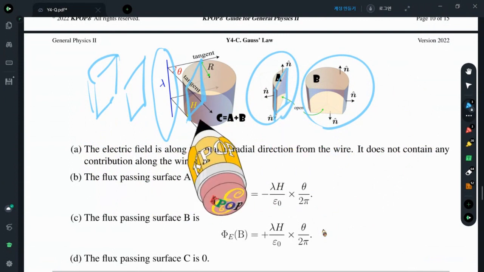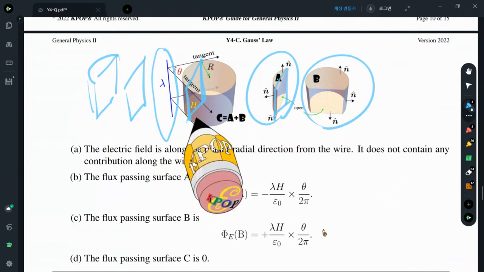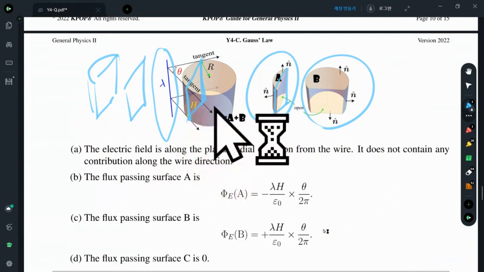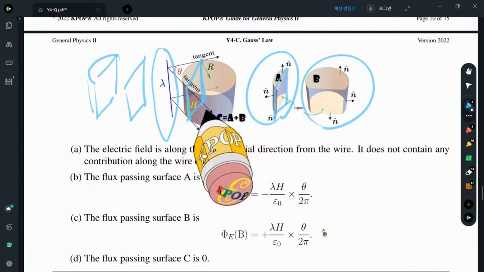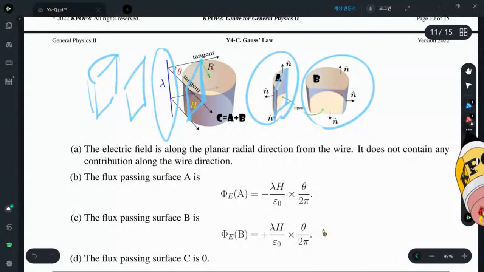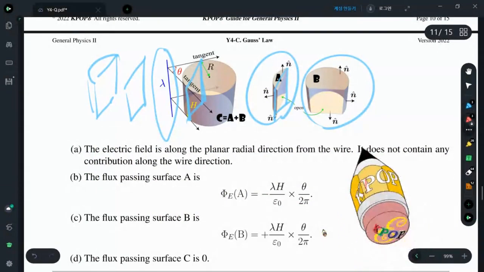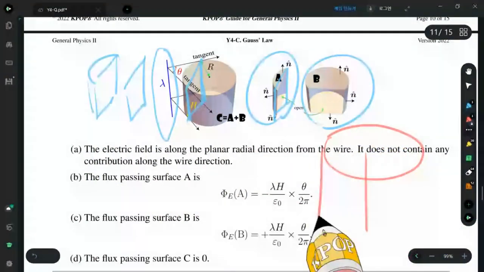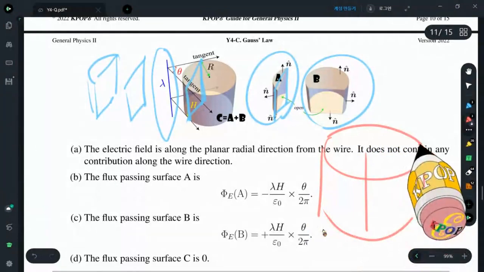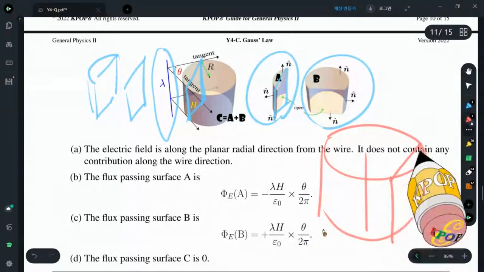But we do not want to evaluate a complicated surface integral. Instead, if you are clever enough, you will find a cylinder that shares the rectangle.